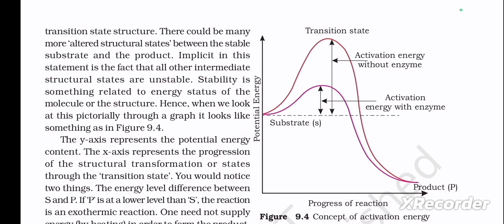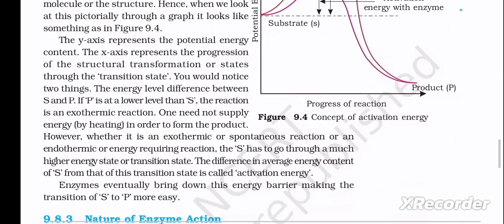You would notice two things: the energy level difference between S and P. If P is at a lower level than S, the reaction is an exothermic reaction. One need not supply energy by heating in order to form the product.